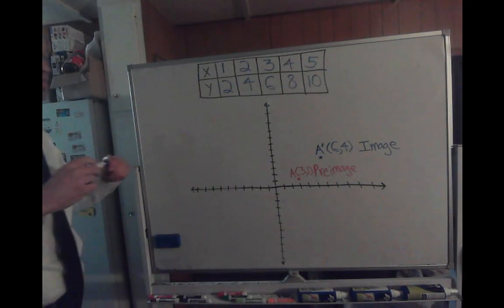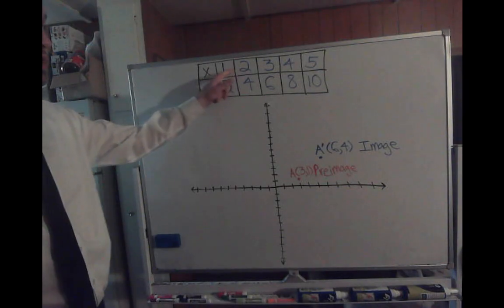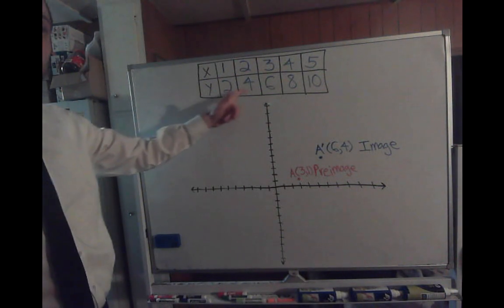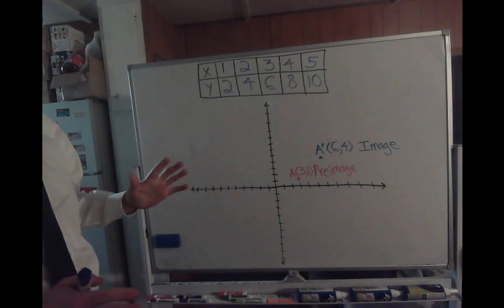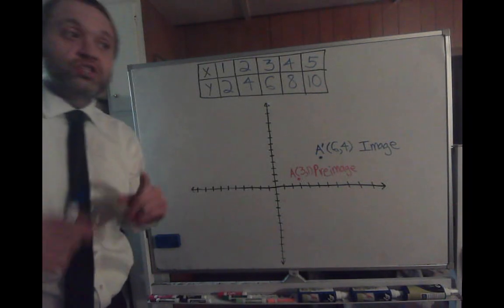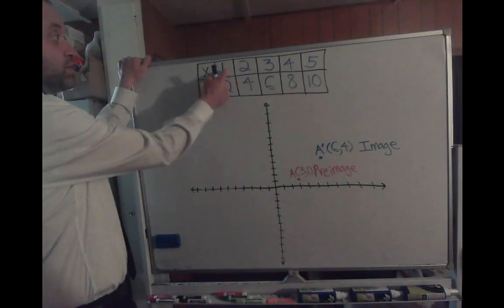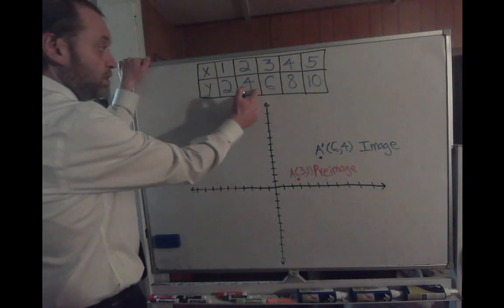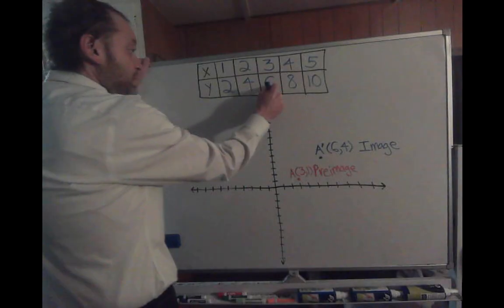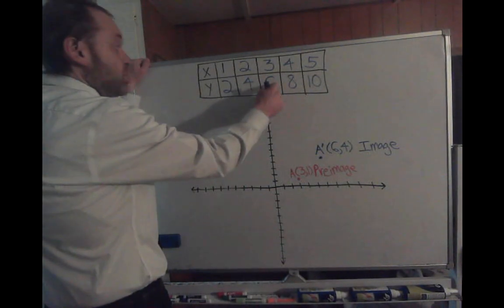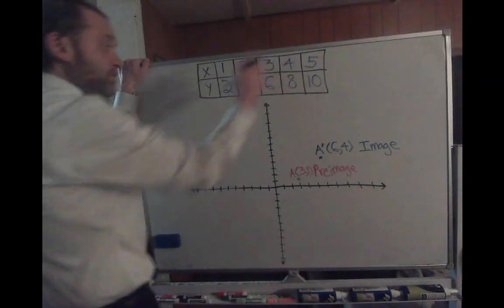So this is a function because each member of the domain, 1 through 5, has one and only one value in the range, right? Each x value has one and only one y value. Now the question is, is this a one-to-one function? Well, the range value 2 only pairs with 1 from the domain. 4 in the range only pairs with 2 in the domain. 6 in the range only pairs with 3 in the domain. 8 in the range only pairs with 4 in the domain.